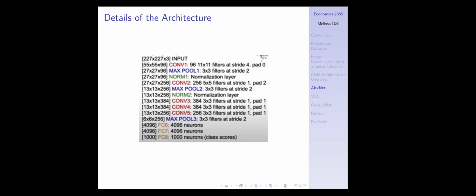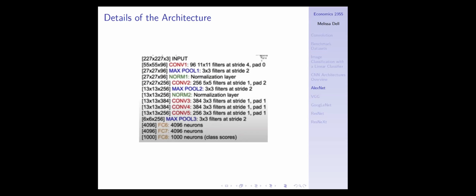And so now they've effectively downsampled by having this stride of 4. And the fact that there's 96 of these filters means that you now have a depth of 96. And then they pool that to downsample it more. And then they do this normalization. And now they're going to apply 256 5 by 5 filters with a stride of 1.